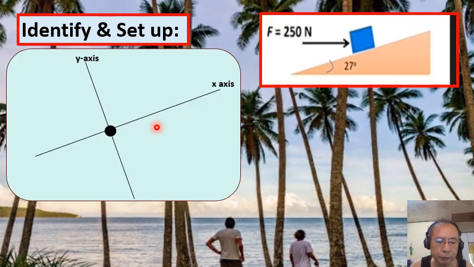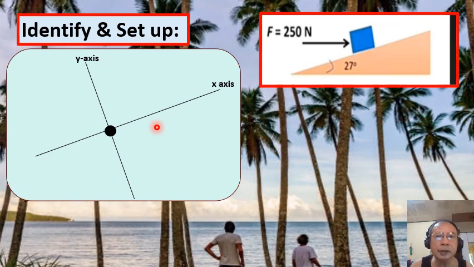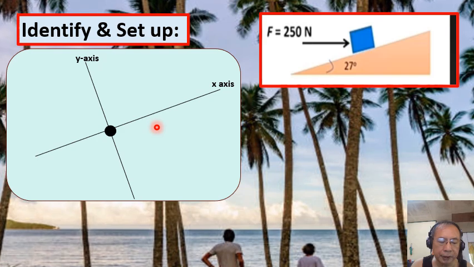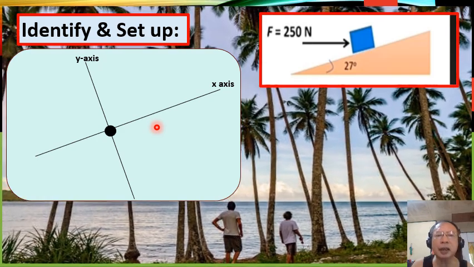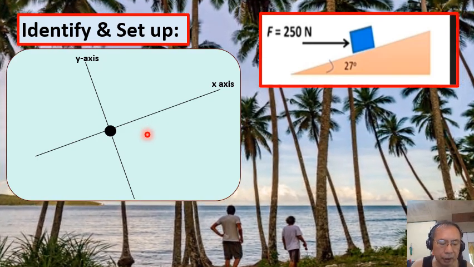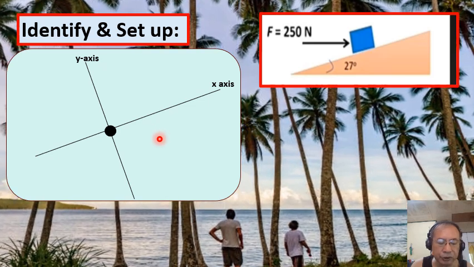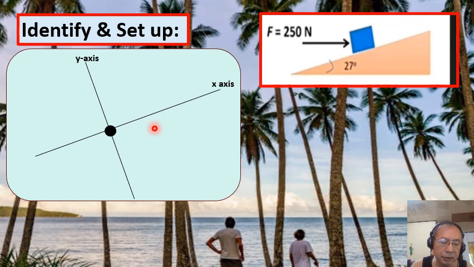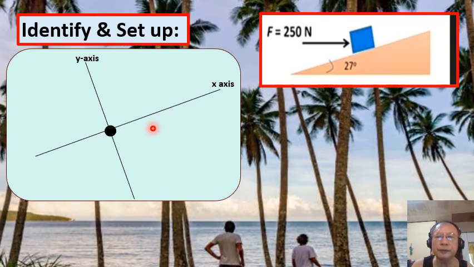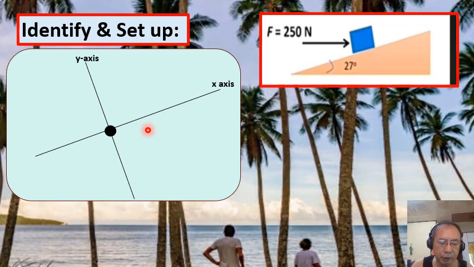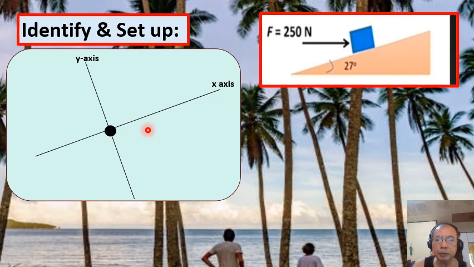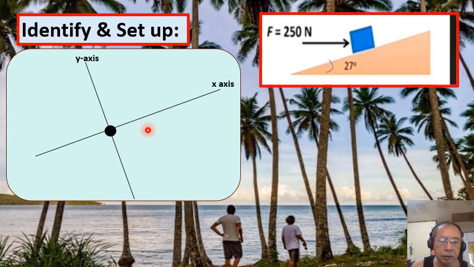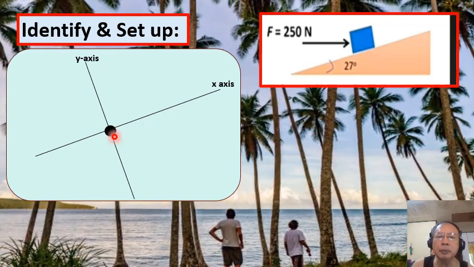For our solution, we first identify the forces acting on the box. We define the x and y coordinates such that the x-axis is along the surface of the incline and the y-axis is perpendicular to the surface of the incline. We represent the box as a point or a particle with the dot symbol here.